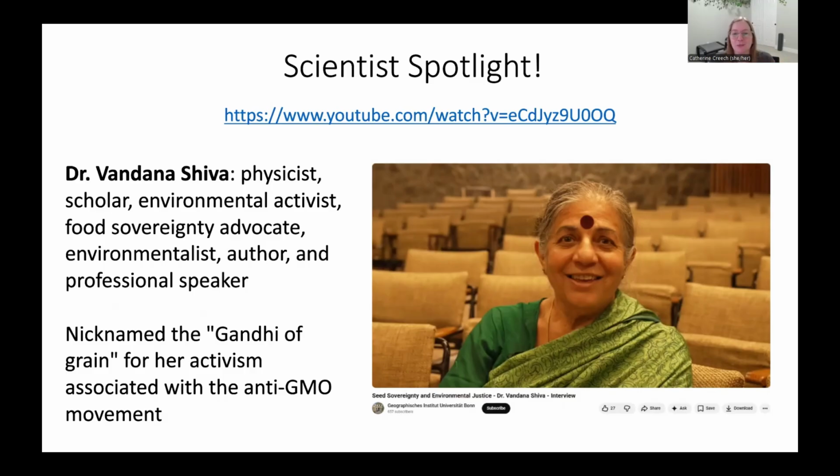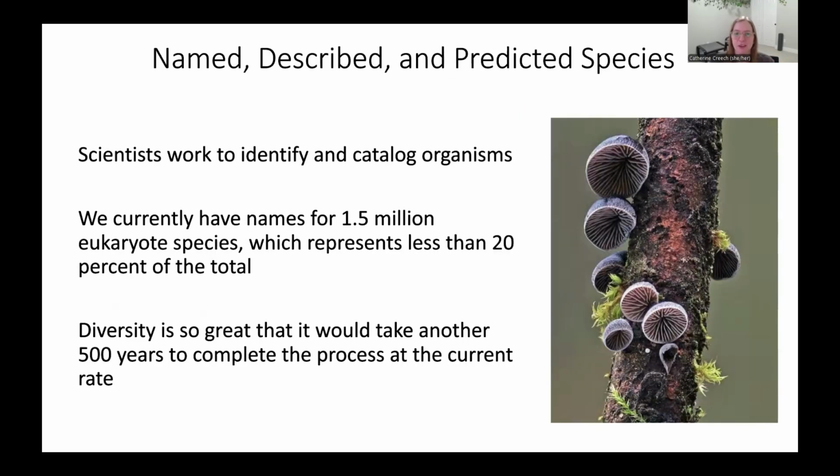So, if we're interested in biodiversity, we also have to figure out what exists on Earth. So, we're actively trying to name and describe and categorize what we know. We've estimated that we've done 1.5-ish million eukaryotes so far, and we think that that's about 20% of the eukaryotes that exist on Earth.